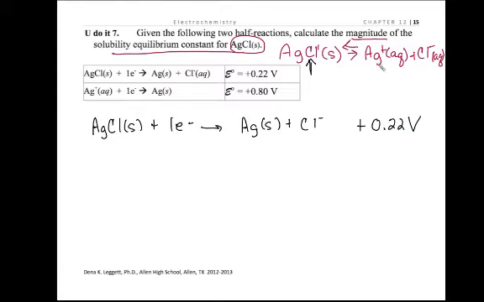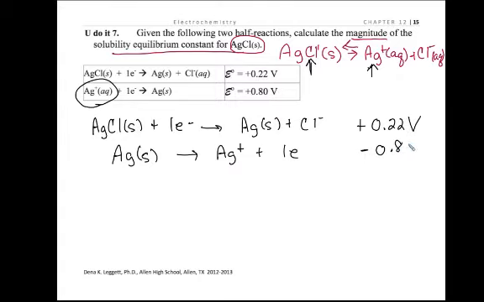Now, I want silver ion as a product. Here I have it as a reactant. So I'm going to reverse that reaction and get silver ion plus 1 electron. And since I reverse the reaction, I'm going to change the sign of my E naught value there.